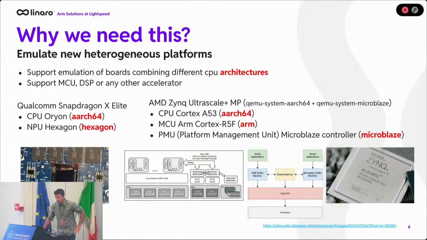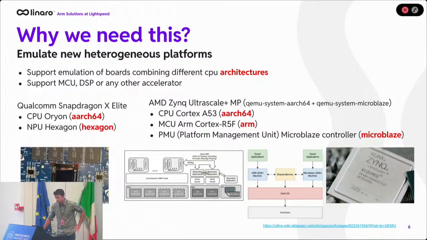Two examples of those boards are, for instance, a SoC, the Qualcomm Snapdragon X Elite, that has a main AArch64 CPU and a Hexagon DSP, and another board that is already present in some parts in the QEMU code base, the Zynq UltraScale. This one has a main AArch64 CPU, an MCU that is 32 bits, and as well a PMU that is controlling the whole thing, which is a MicroBlaze.